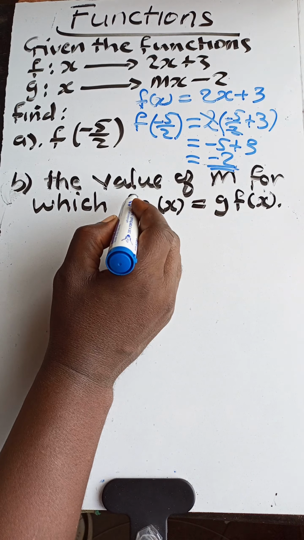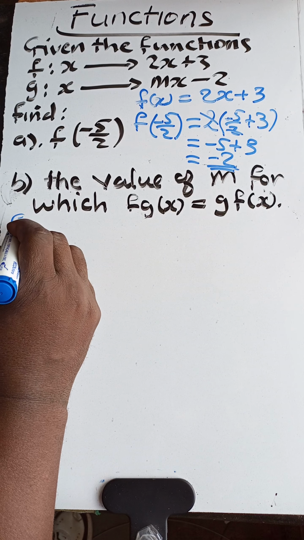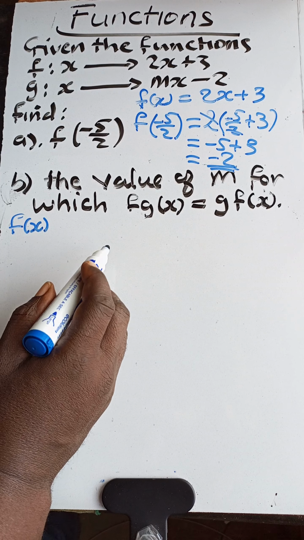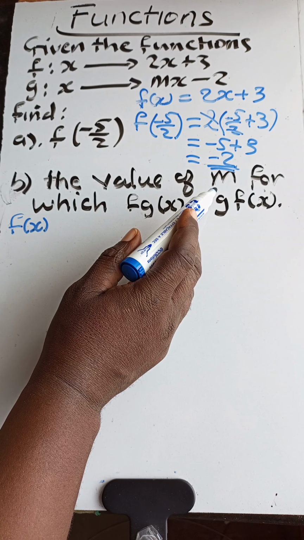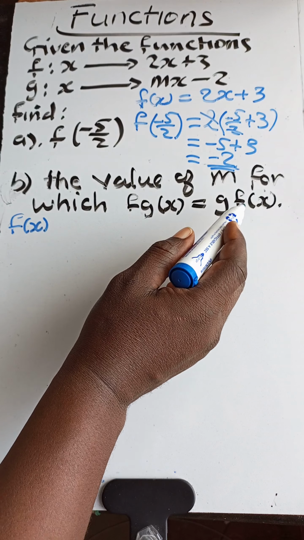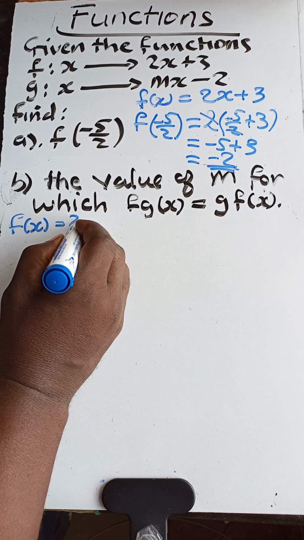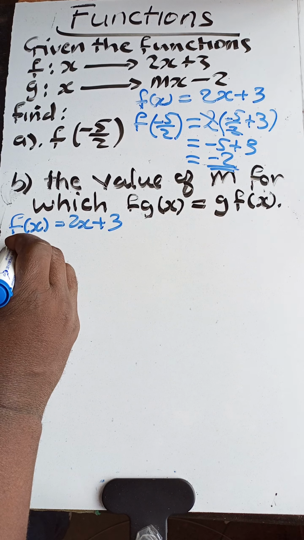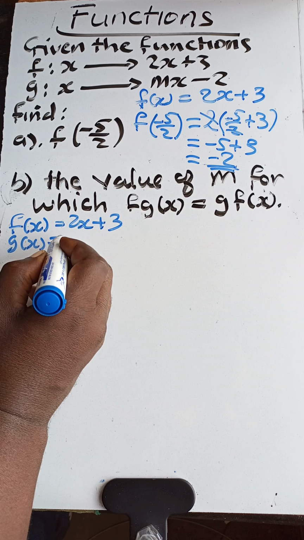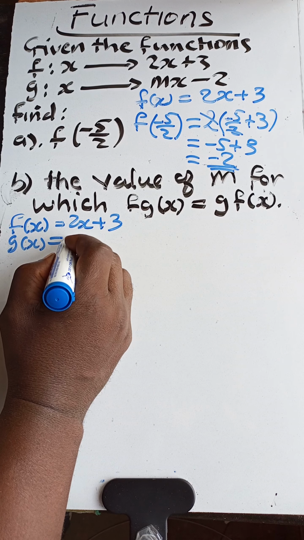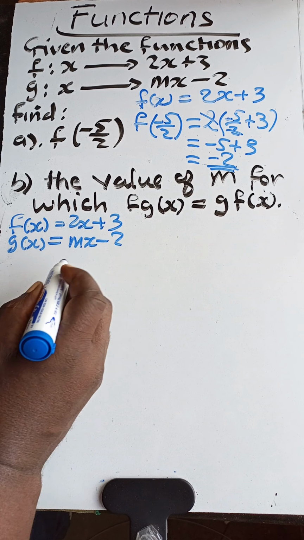Now here, we are asked to find the value of m when fg of x is equal to gf of x. Now f of x again is 2x plus 3. g of x is mx minus 2.